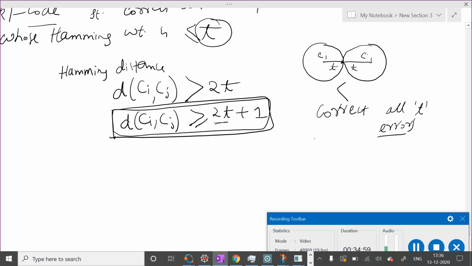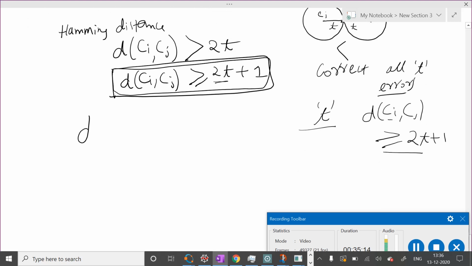In other words, if you want a code which can correct t errors, you need to have a Hamming distance between any two code words of at least 2t plus 1. Okay, so it means that the minimum Hamming distance should be 2t plus 1. That is the significance of minimum distance.